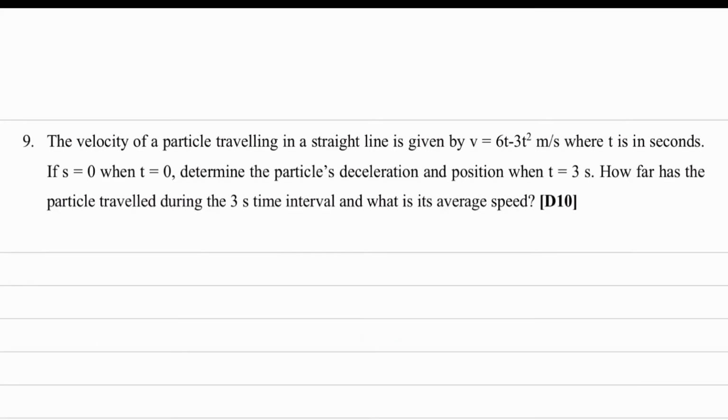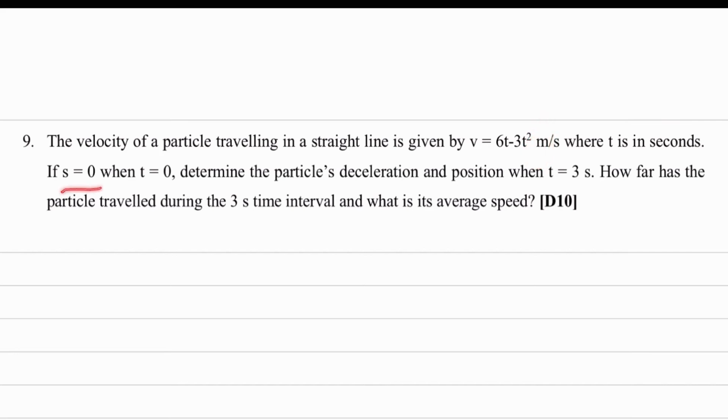So next question, the velocity of a particle traveling in a straight line. From here you can understand that this is rectilinear motion, and velocity is given as a function of time, where t is in seconds. The time unit has been given and the displacement unit has also been given, it is in meter.